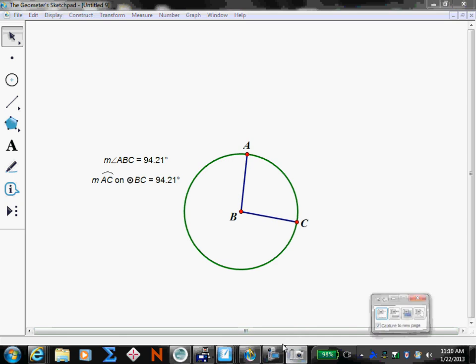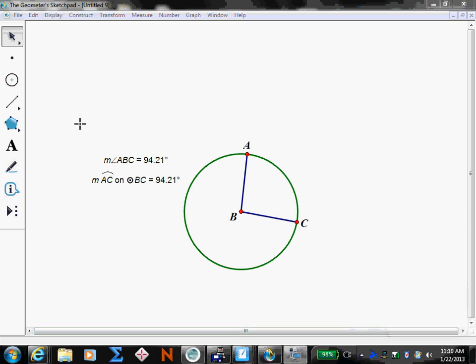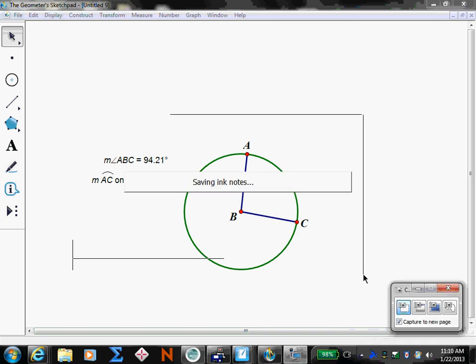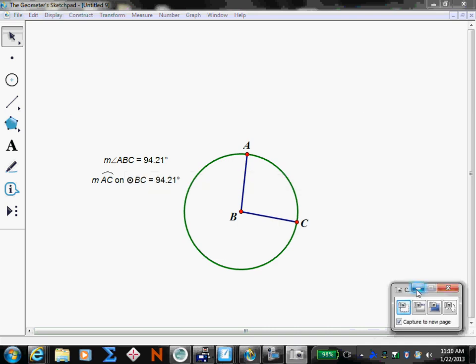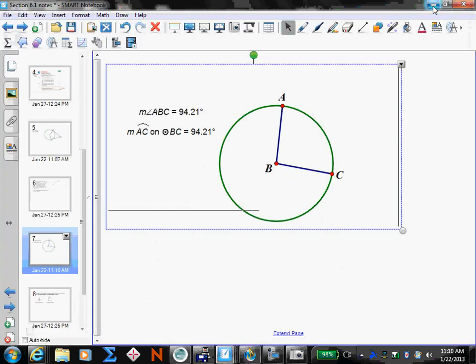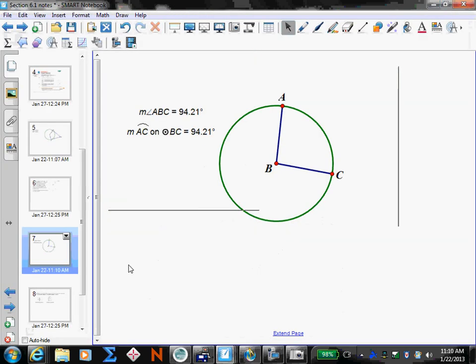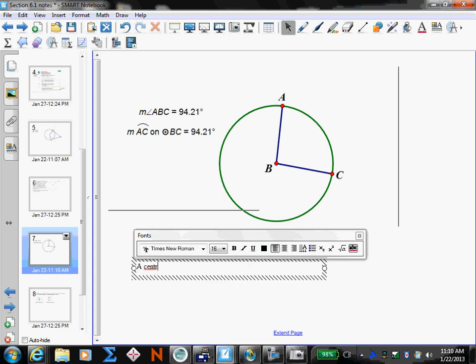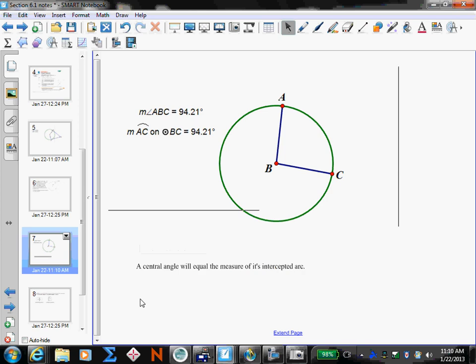So I'm going to take a picture, and you might want to make a note there that the central angle will equal the measure of its intercepted arc.